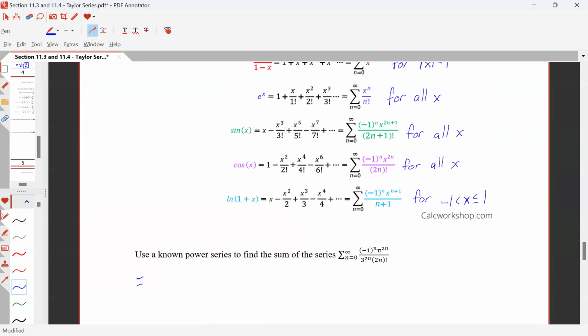I'm going to rewrite that, putting all the 2n's together. Negative 1 to the n over 2n factorial times pi over 3 to the 2n. I'm just taking these 2n's and collecting them together.